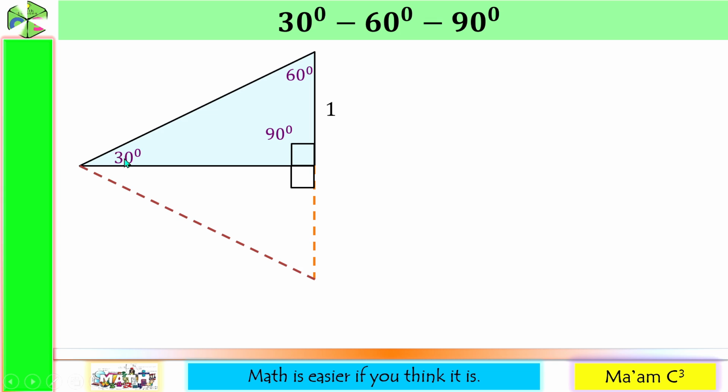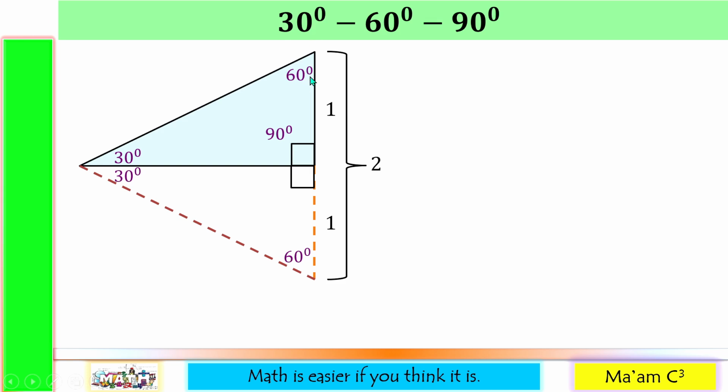If this is 30 degrees, then this is also 30 degrees. If this is 60 degrees, then this is also 60 degrees. Now, if this side measures 1 unit, then this side also measures 1 unit. In total, this is 2 units.